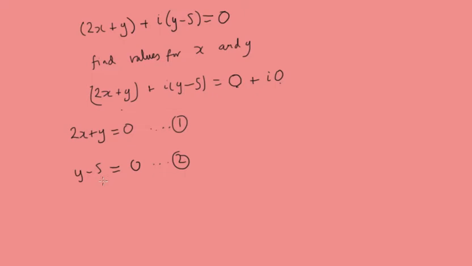So we can solve equation 2, y is just going to equal 5, and now we can substitute into equation 1, which gives us 2x plus 5 equals 0. So then x is going to be minus 5 over 2.